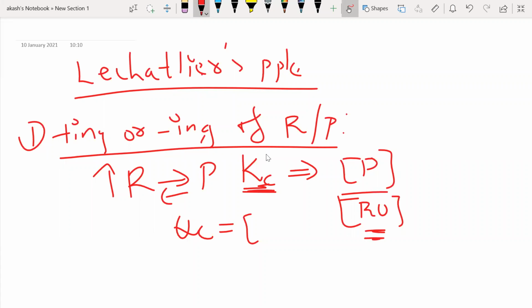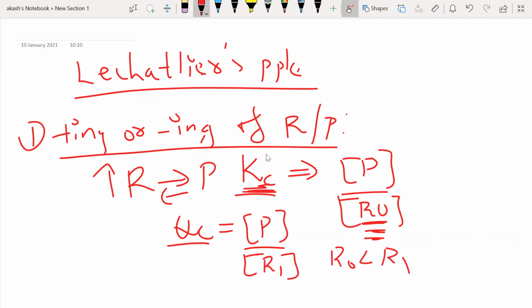So now what will happen? Basically, you have increased this part. The product concentration is the same, but the reactant concentration has changed to R1. So obviously I know R0 is lesser than R1. So when I compare Qc and Kc, which is higher, which is lesser? Tell me.